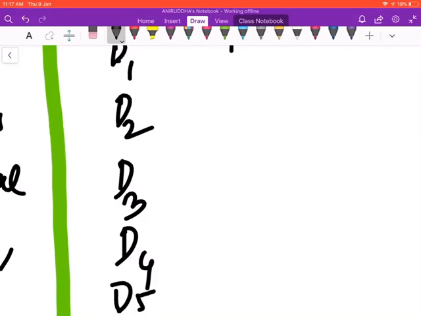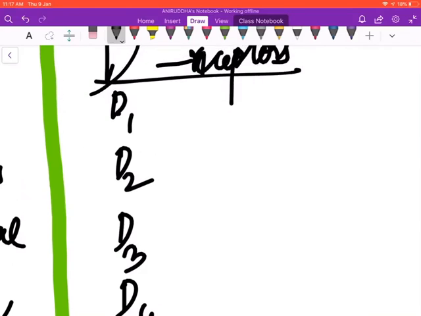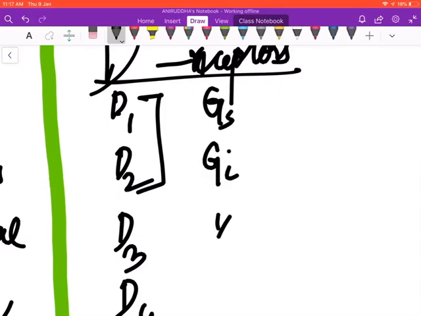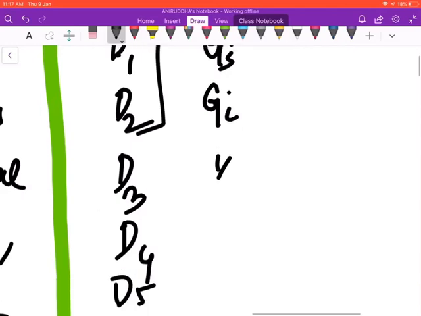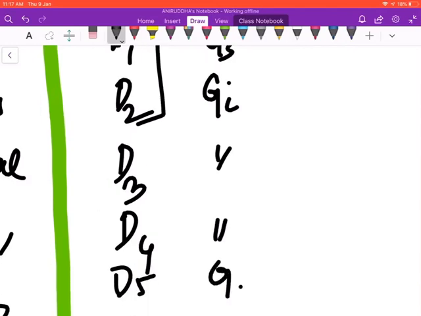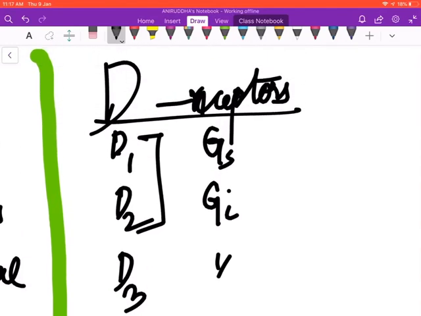The most important of them are D1 and D2. Okay, this is a Gs type, this is a Gi, this is also Gi, this is also Gi, this one is Gs. Yeah, D1 and D2.